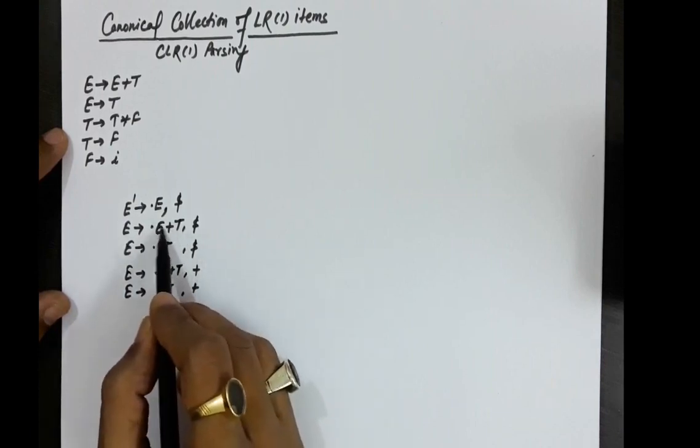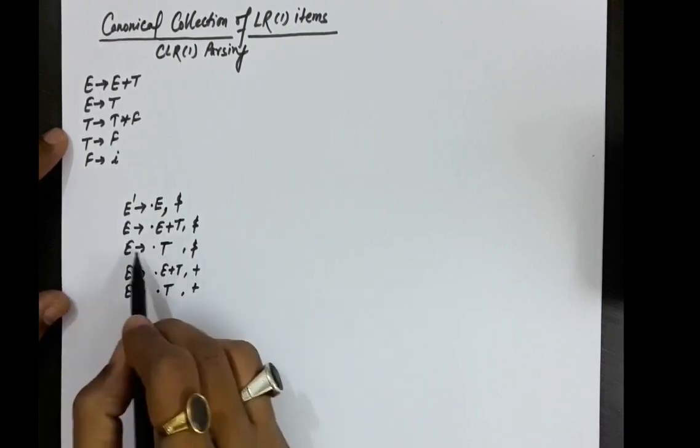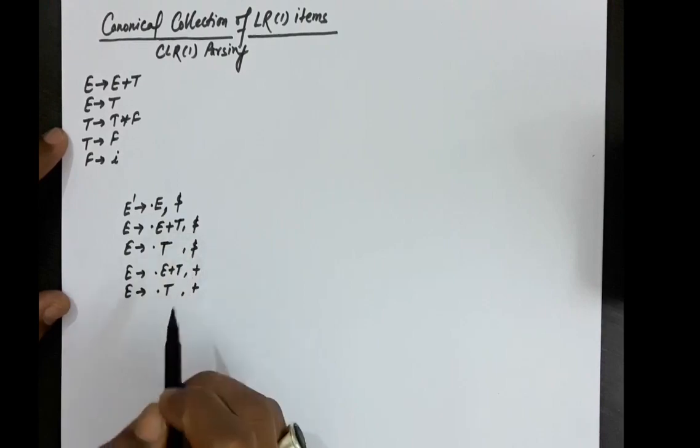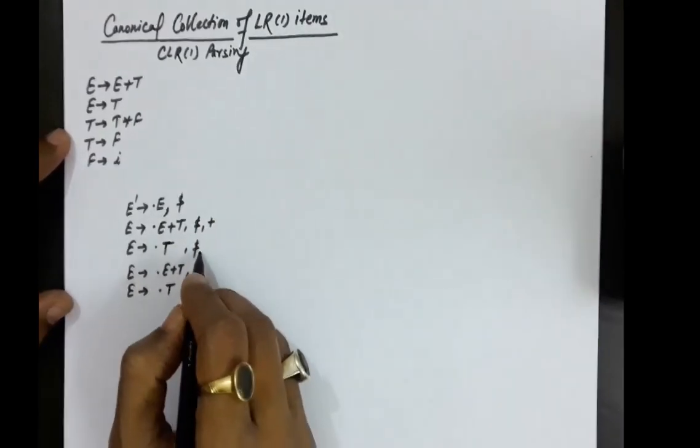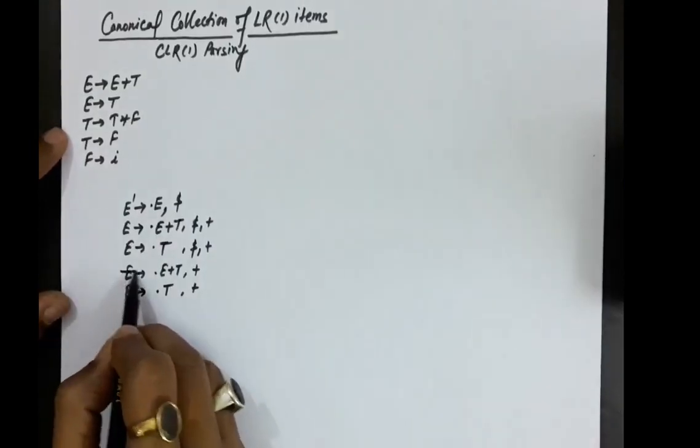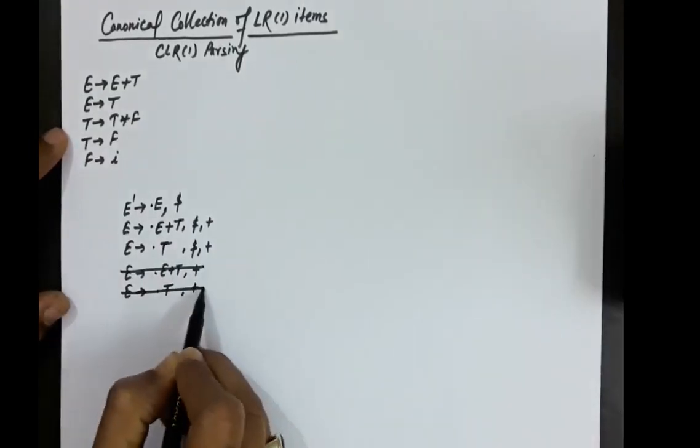Now if you see, these productions are different in the look aheads only, so you can combine them. You just add dollar and plus here, and you need not write these productions again.